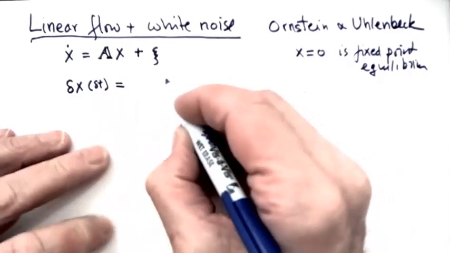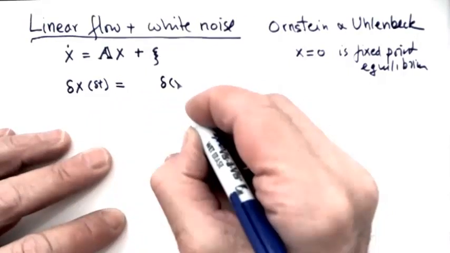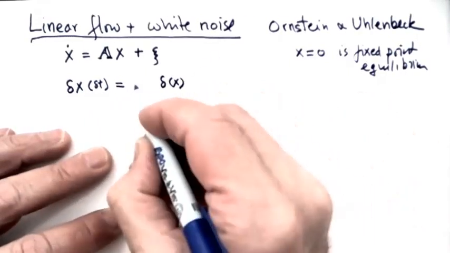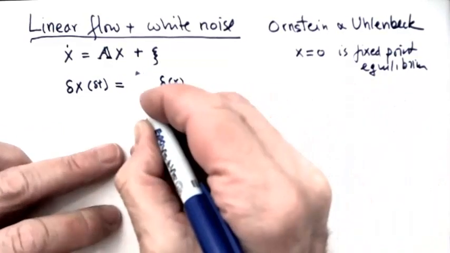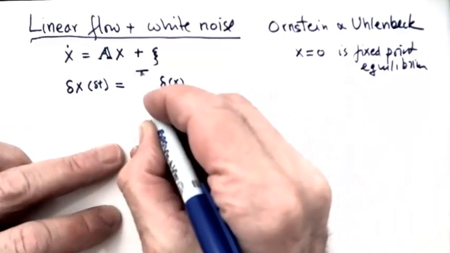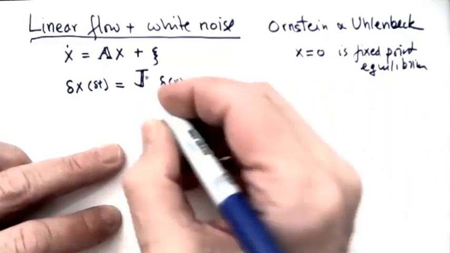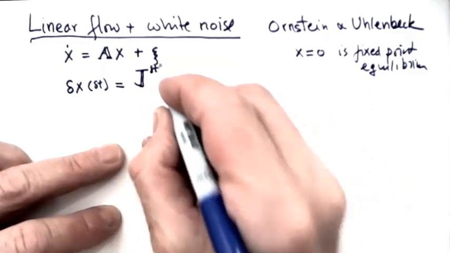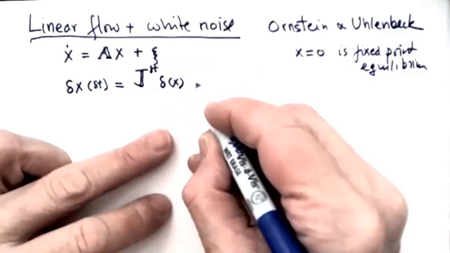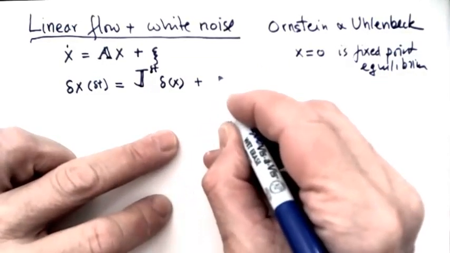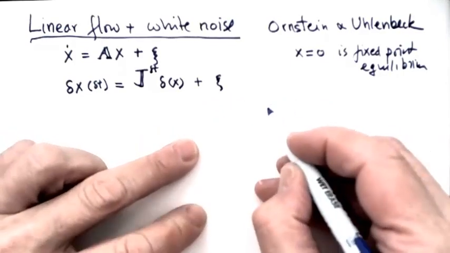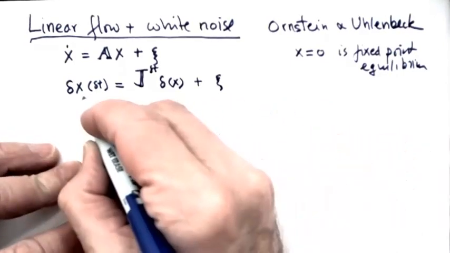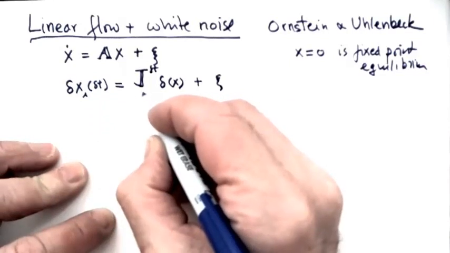What does it look like if we knew what delta x was at 0, and we have evolved it for time t? We know that that's described by the Jacobian that goes for time delta t. And then we add noise to it. And these are all vectors in d dimensions. This is a matrix.